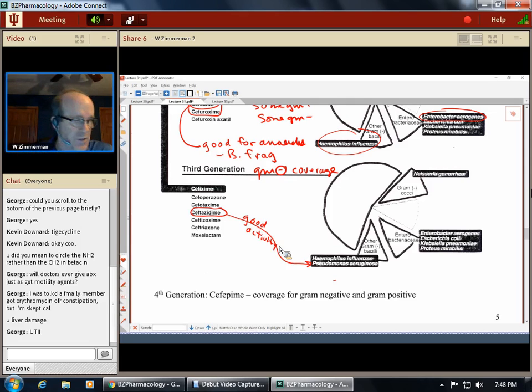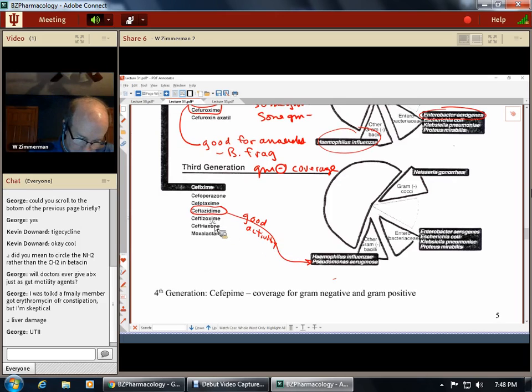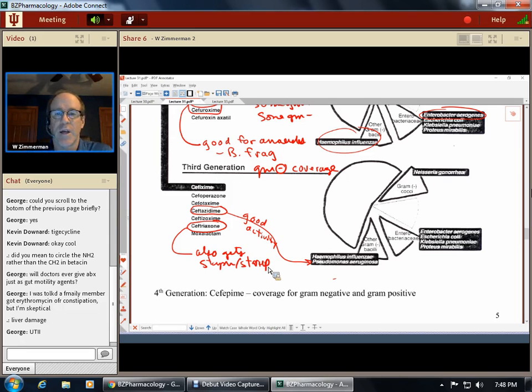The ceftriaxone has a very long half-life, which has made it useful for a couple of things. One, it does get staph and strep. So you've got a compound that gets staph and it gets strep. Plus it gets a lot of these gram-negatives. So it gets the Haemophilus influenzae.